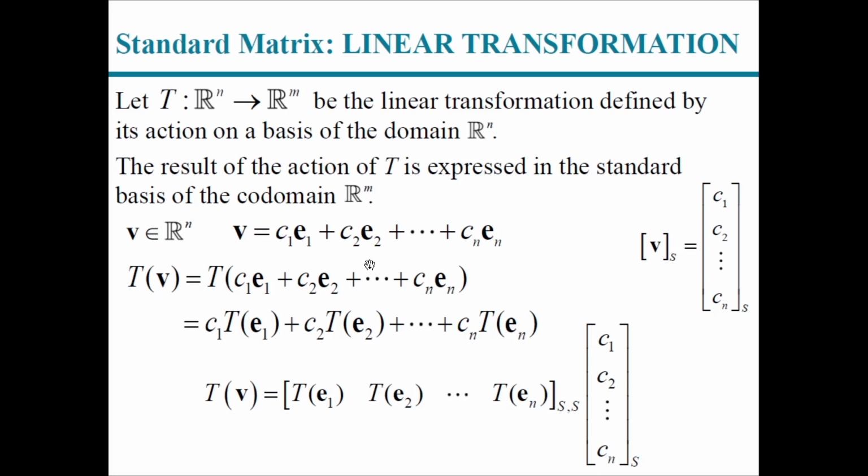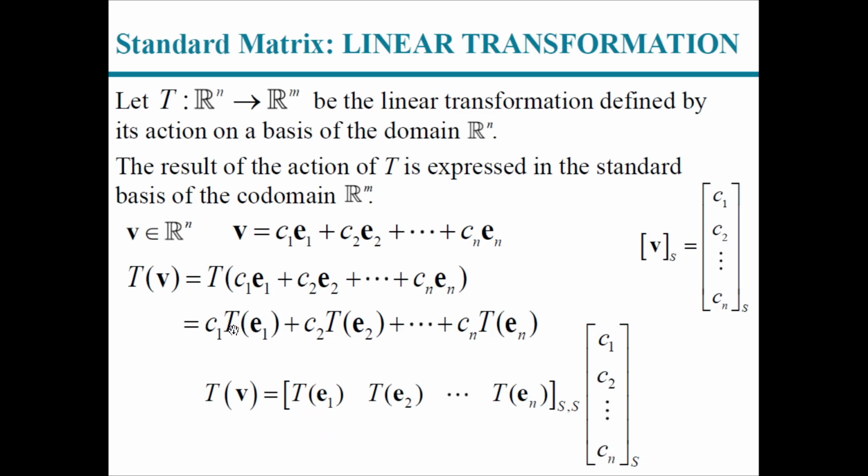So we can use that knowledge also. In that case, if I have this linear combination here and I apply T to the vector v, that means I'm applying T to this linear combination. And now, by linearity of the linear transformation, I can rewrite it this way. What I see is that the linear transformation actually was applied to the basis vectors. This now is a form that we recognize from matrix vector multiplication.